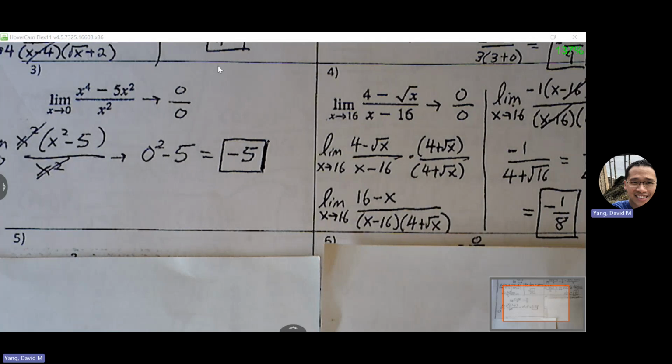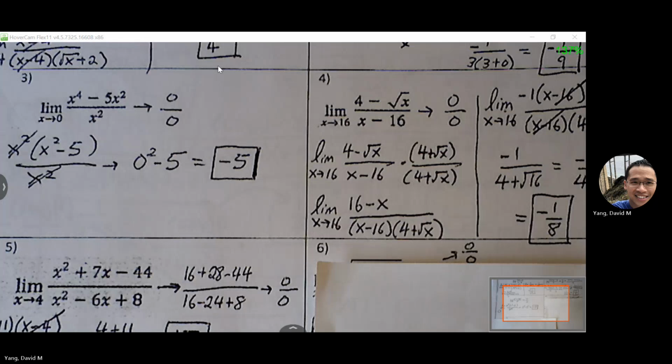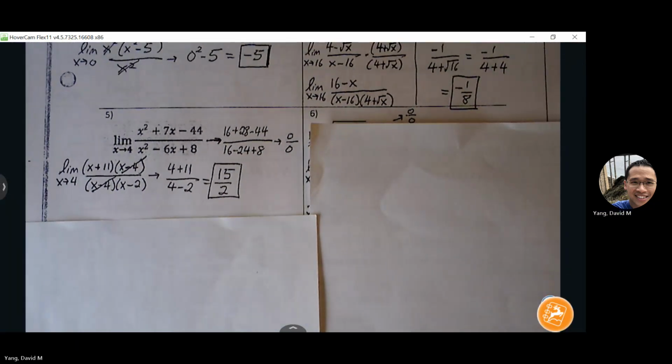So 16 minus 24 is negative 8. Multiplies to be negative 44, adds up to be 7. 11 and negative 4.